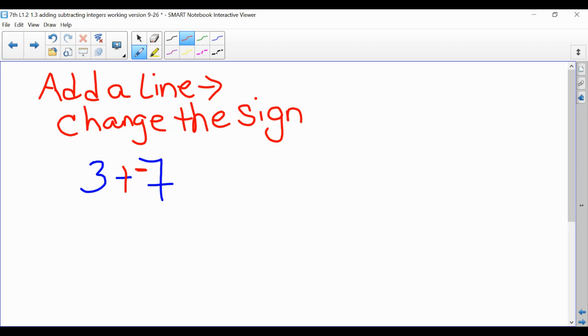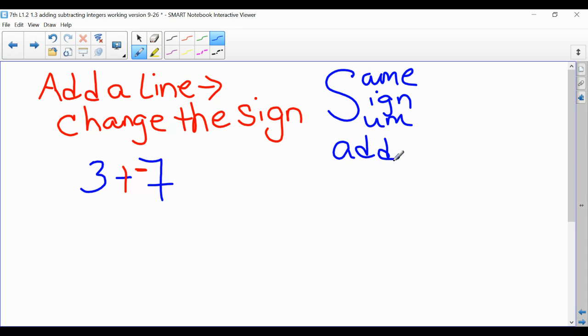So the two addition rules that we have are same sign sum. That means that we add and the answer stays the same. And then the other rule that we follow is different signs difference.